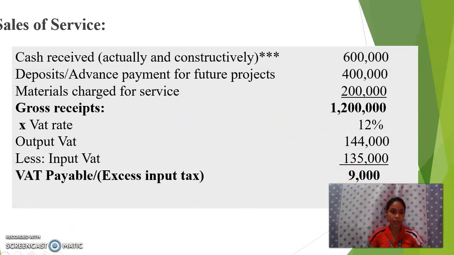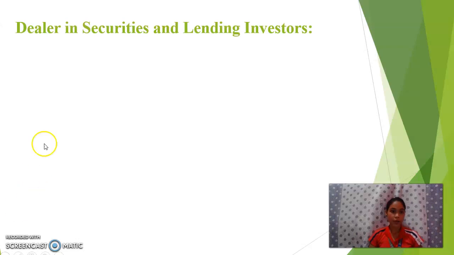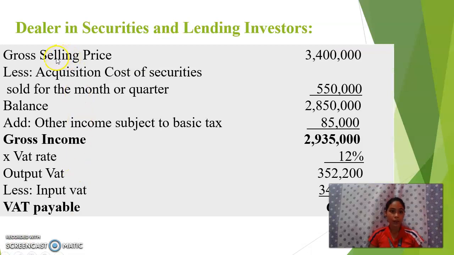9,000. So the next example is dealer in securities and lending investors. Gross selling price, which is 3,400,000, less acquisition cost of securities sold for the month or the quarter.